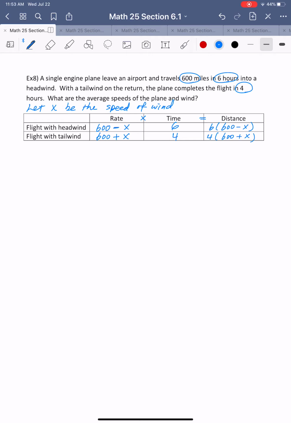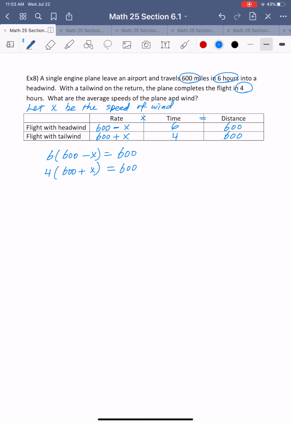Oh, okay, but hold on, sorry about that. We already had that. So in this case, the good thing is the distance is the same, 600, because it's the return trip. So you get 6 times 600 minus x, a distance equal to 600 to go, and then 4 times 600 plus x equal to 600 to go.